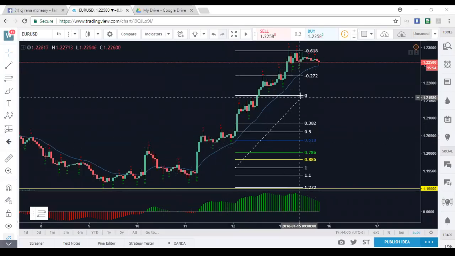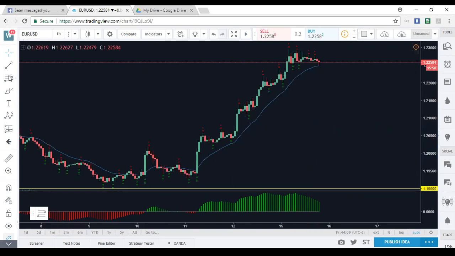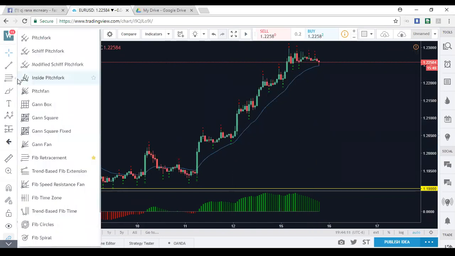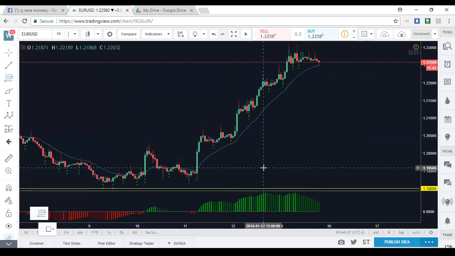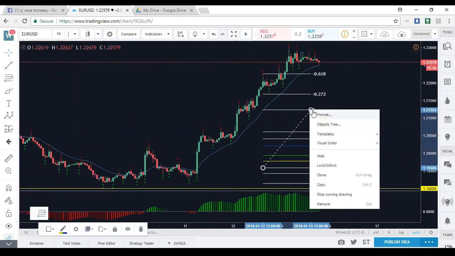All right. So again, here we go, Sheena. Go to Fibonacci tool. If you have to, click this drop down arrow and then come to Fib retracement. Click on it. Just put a Fib on the screen. Right click on it. Either Format or Properties, depending on if you're using MetaTrader or TradingView.